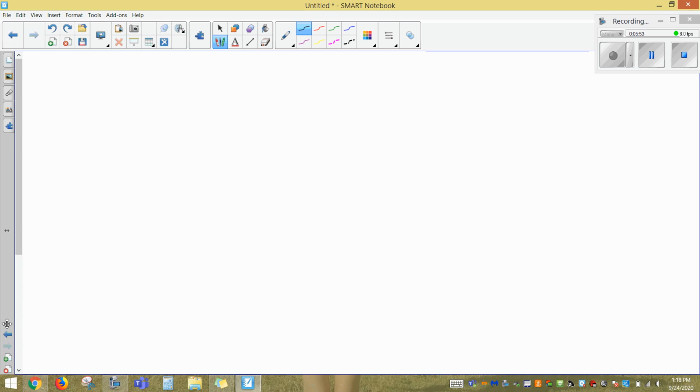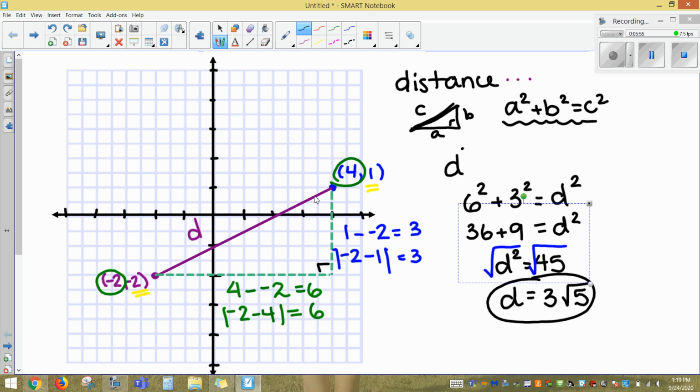In general, I always start with a numerical example like this so we can see it and point at it and figure out where all the pieces come from.